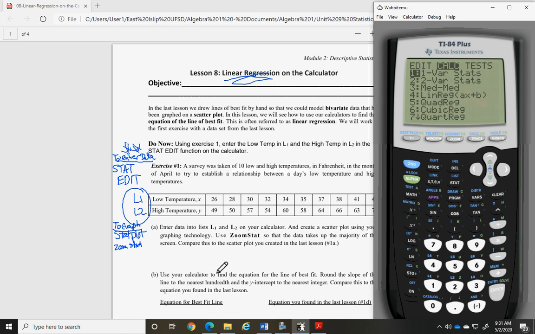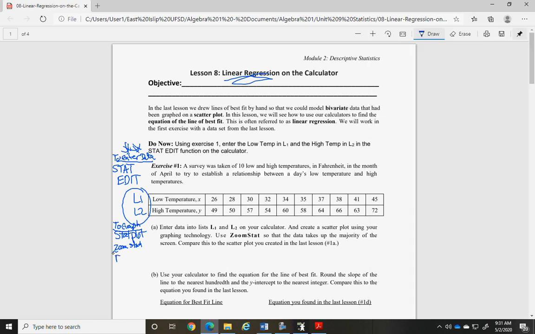So let's just write down what we did in order to get the line of best fit. So for the line of best fit, let's remind ourselves it's called a linear regression.